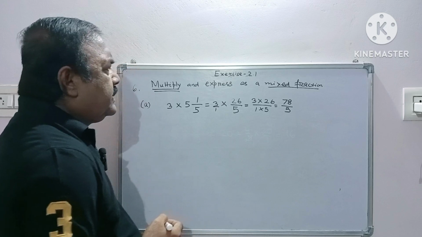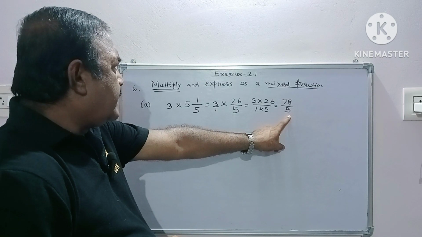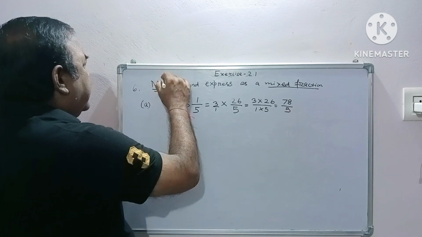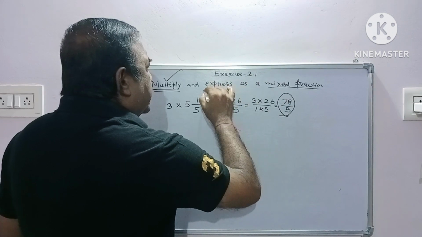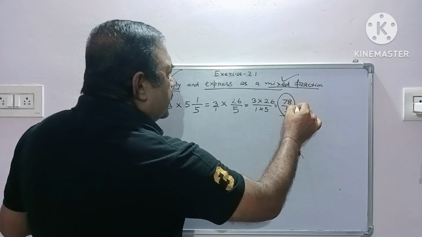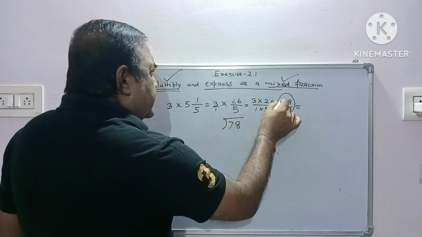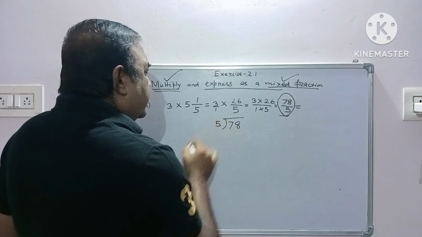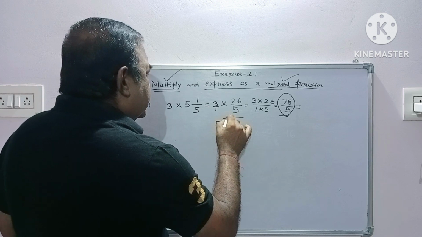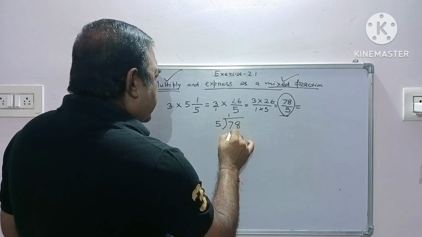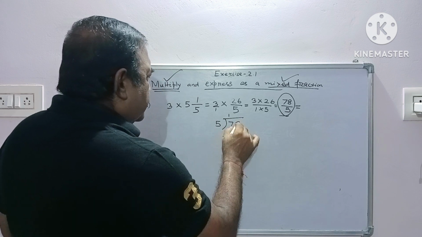Now what will you do? You see this is an improper fraction. You have to express it as a mixed fraction because we multiplied, we got it. Then next step we have to express as a mixed fraction. How? You divide 78 by the divisor, by the number 5. So you see 5 1 is 5, 7 minus 5, that is 2.